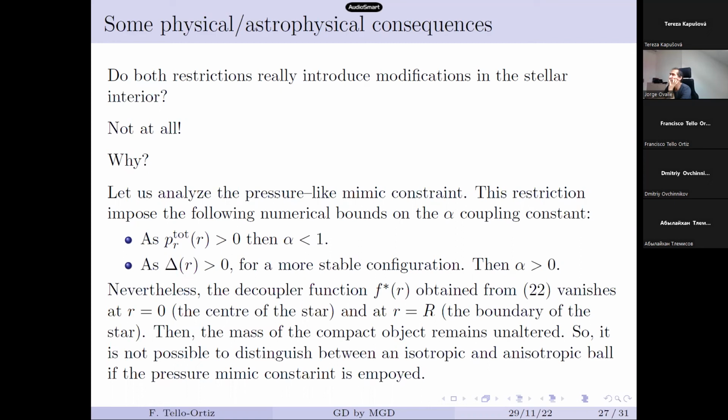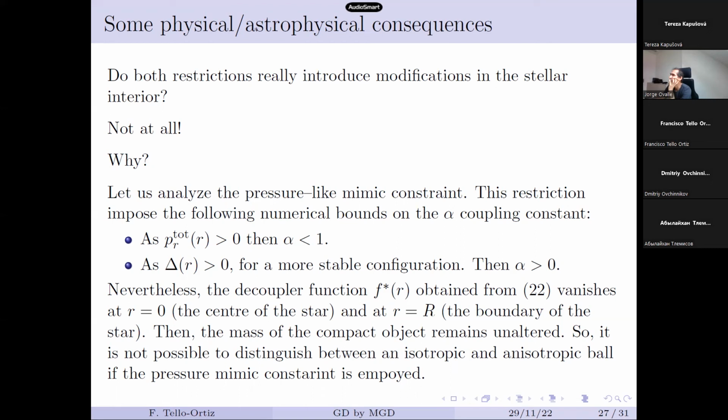As we know, inside the star, the radial pressure should be positively defined everywhere, with its maximum at the center of the star and its minimum at the boundary of the star. Imposing this condition, we have that the coupling constant alpha should be less than 1.